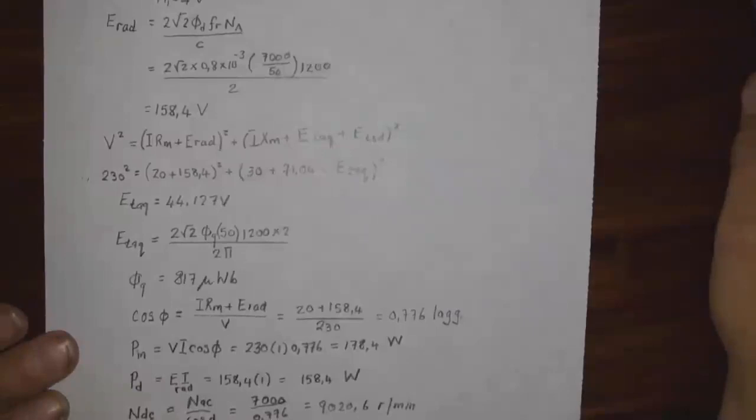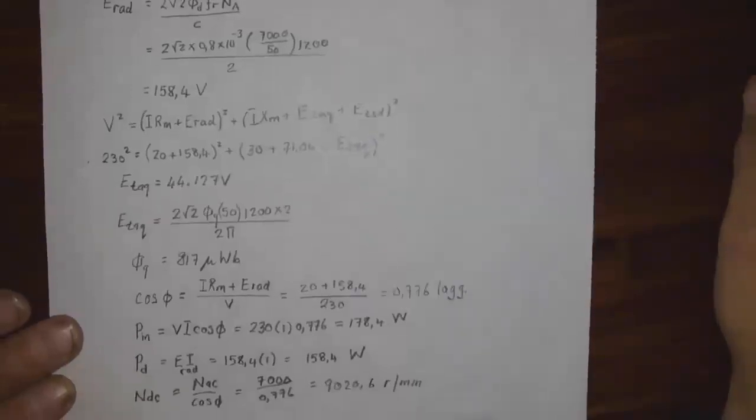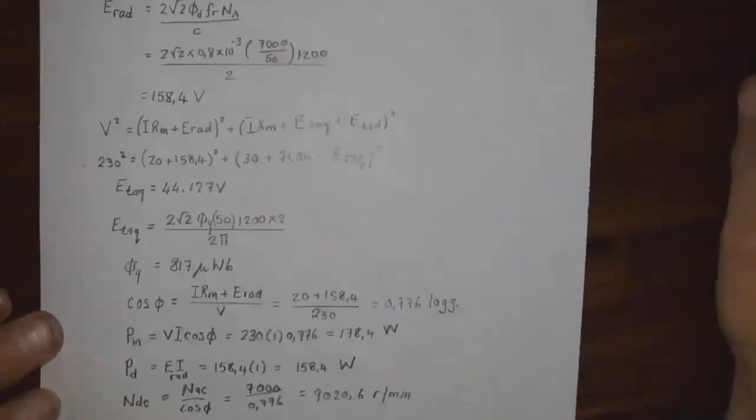Now, E_TAQ we have, now we want to know what phi_Q is. So you take E_TAQ times 2 pi divided by 2 square root 2, divided by 50, divided by 1,200, divided by 2. That gives us 817 microweber.